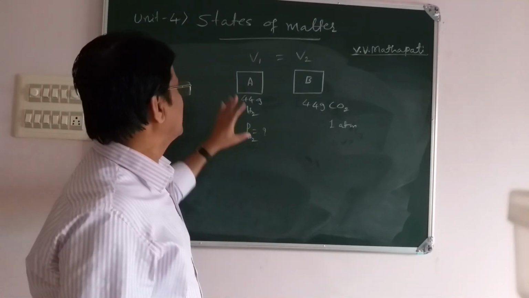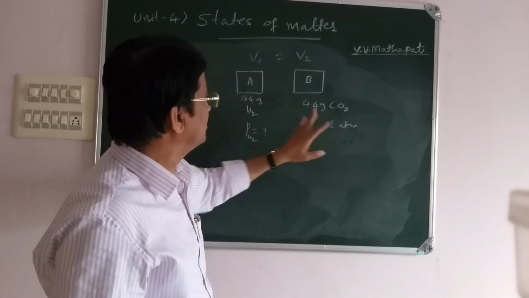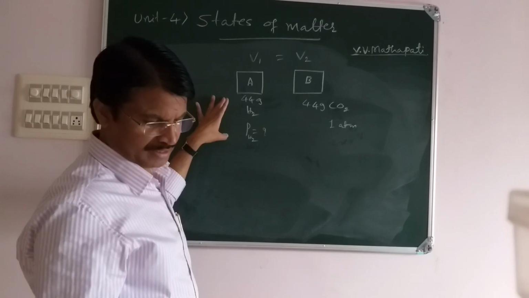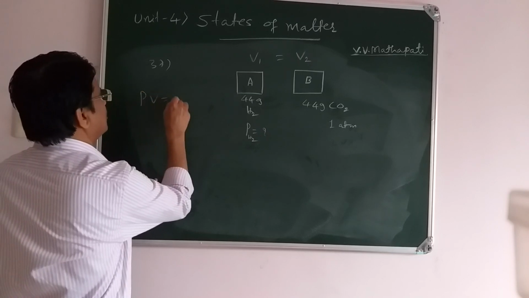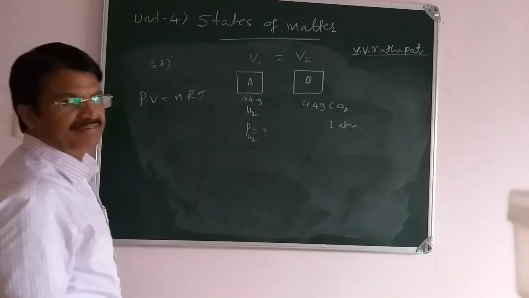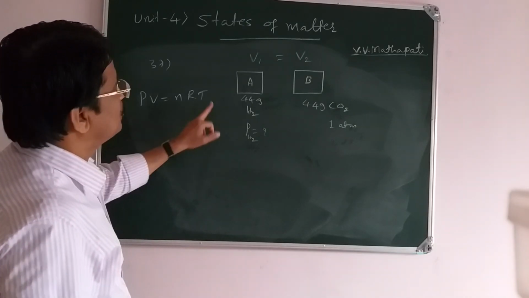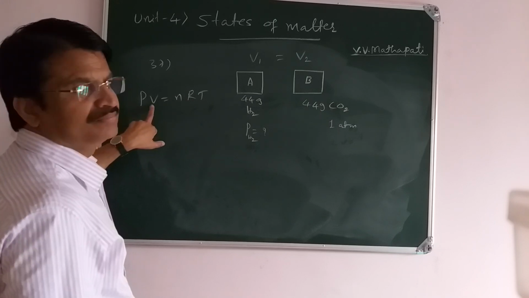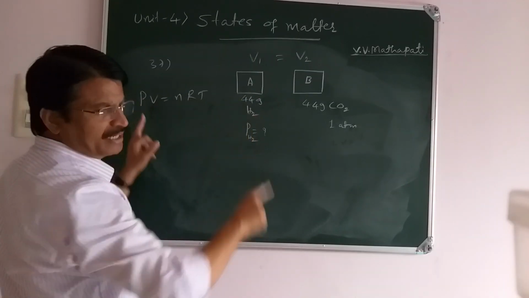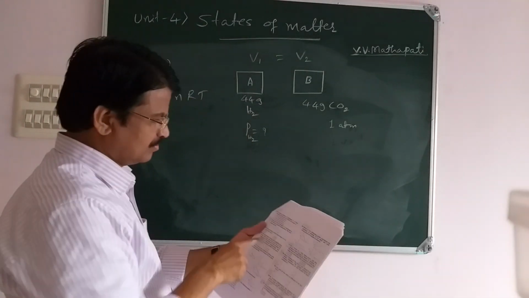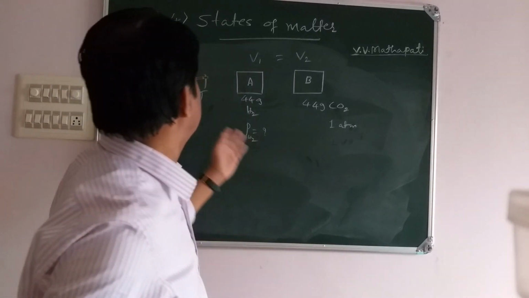Pressure in the hydrogen cylinder, how much you have to find out? B given and find out A. And here you have to apply again the formula PV equal to nRT. Then temperature and volume. See, volume equal and at a given temperature, temperature same.